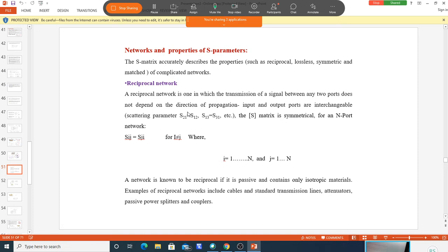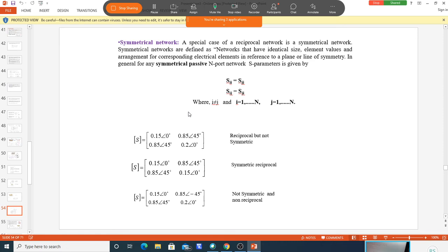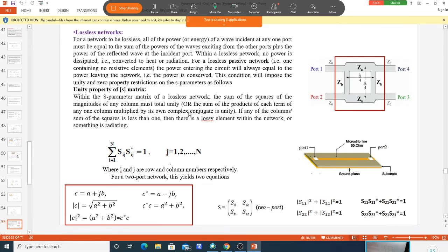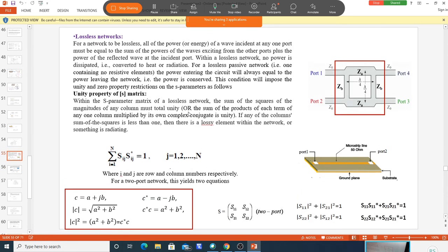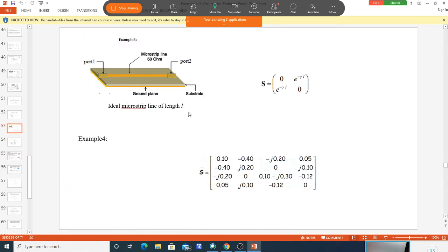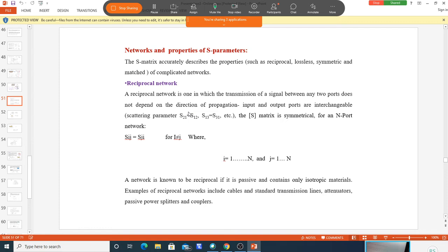Network properties. That means reciprocal property, symmetric property, lossless property, phase shift property, linearity property. Networks in general exhibit some properties.